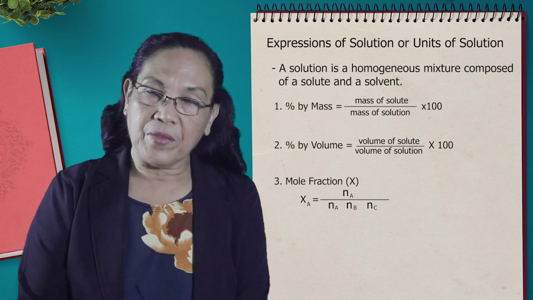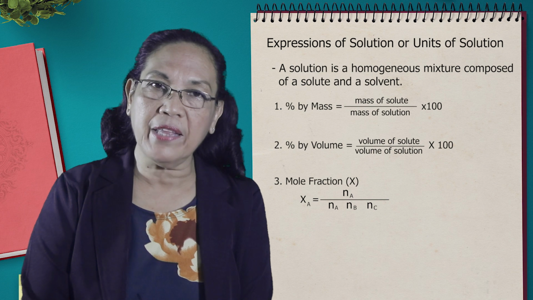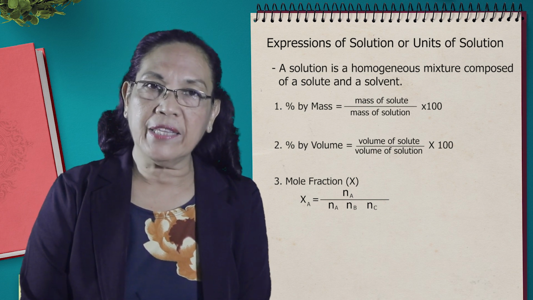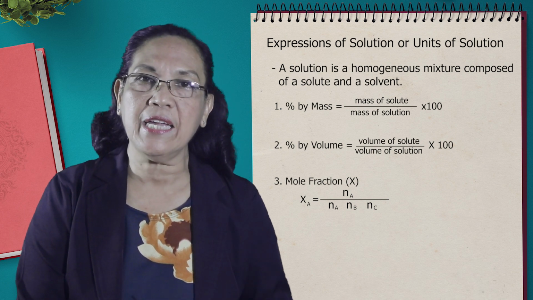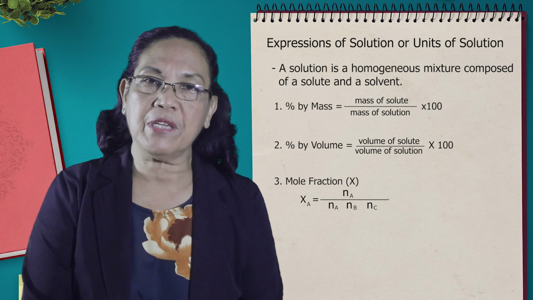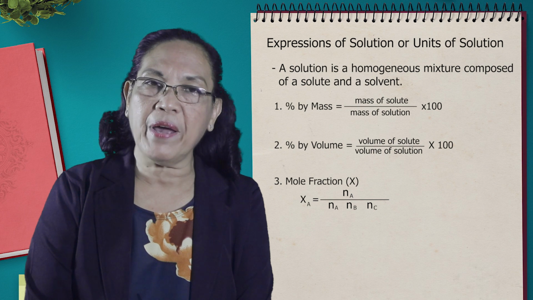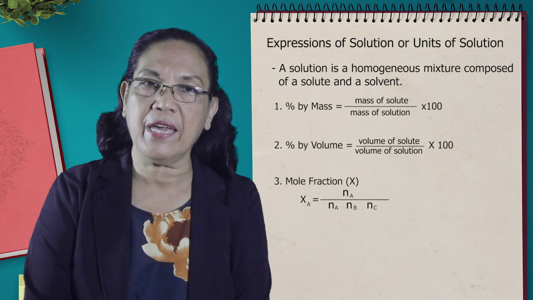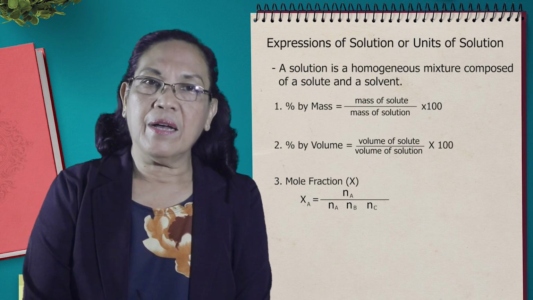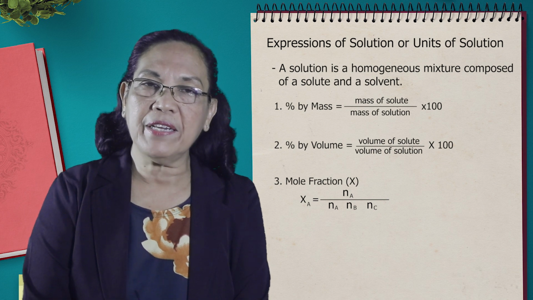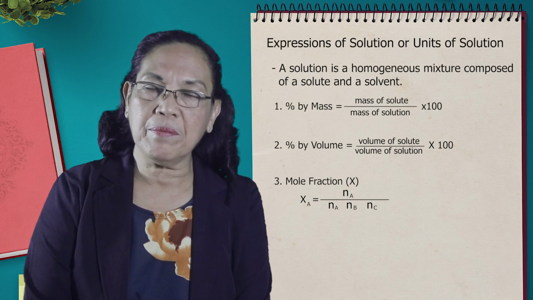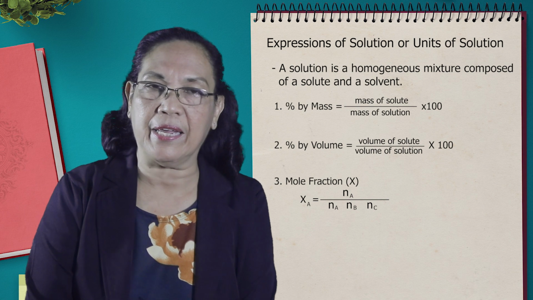So if we let ethyl alcohol be our substance A and the water be our substance B, then the mole fraction of ethyl alcohol, X sub A, equals 0.54 divided by 0.54 plus 3.33.